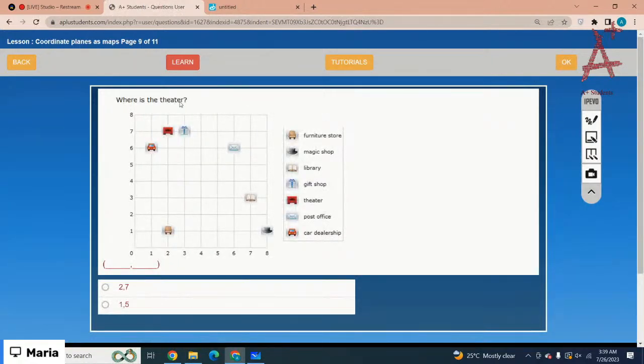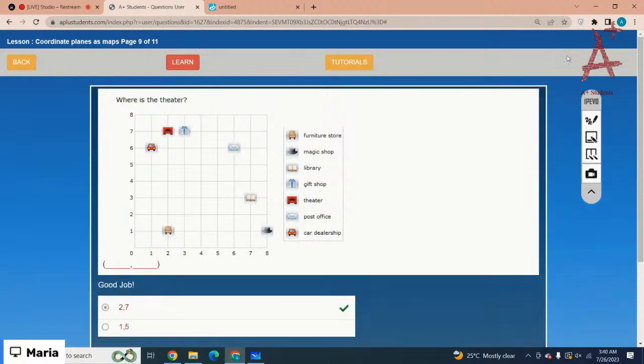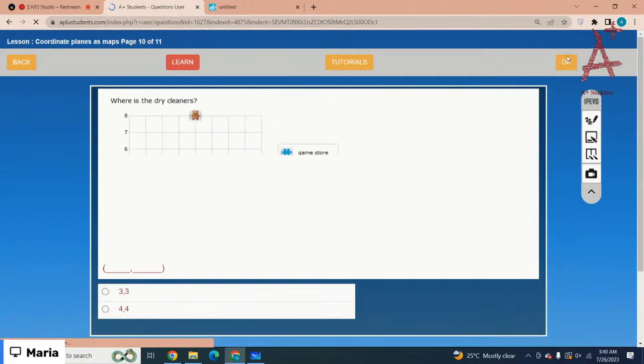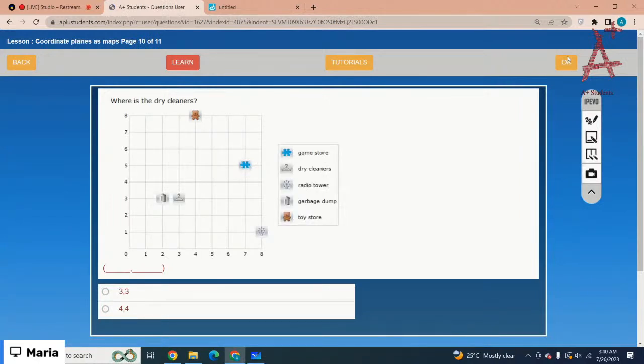Where is the theater? Okay, here is the icon of the theater. Here it is. So just match it to the x-axis, it would be 2 and then y-axis is 7. So the theater is at 2 and 7. Where is the dry cleaners? Here is the icon of the dry cleaners.